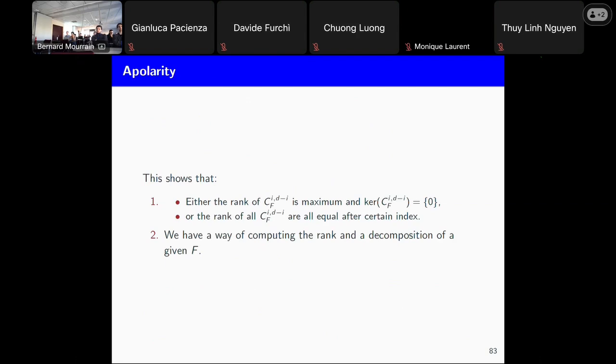If we go for this strategy, we have to compute the catalecticants, and it may happen that the rank of the catalecticant is maximum, and so I don't find much information from my partials, or that the ranks of the catalecticants are equal after a certain index, and so that will be the point where I will start seeing some partials.